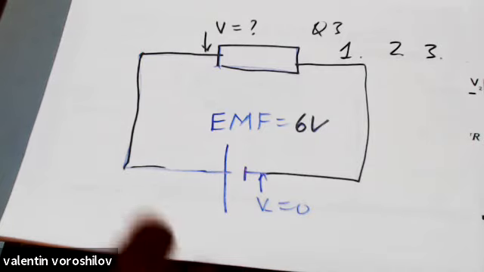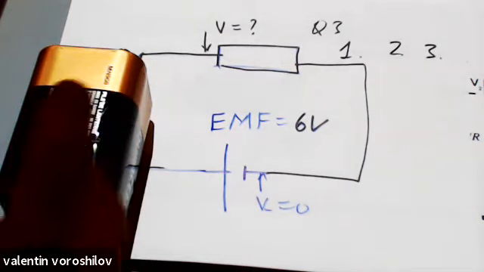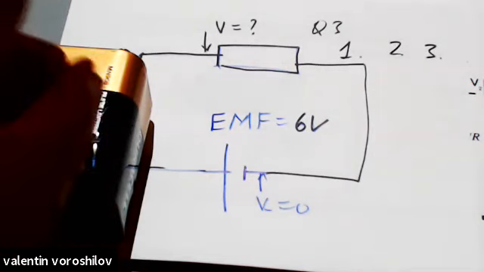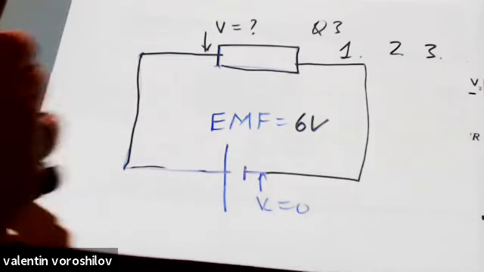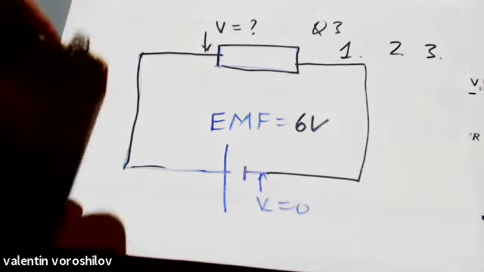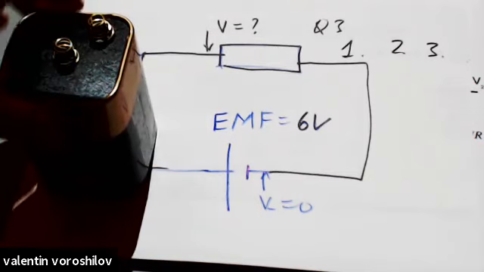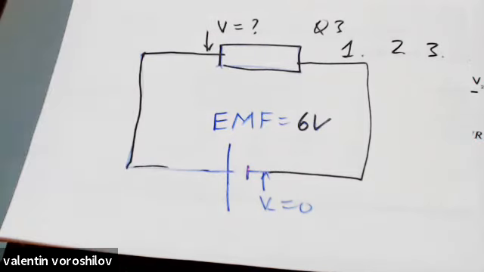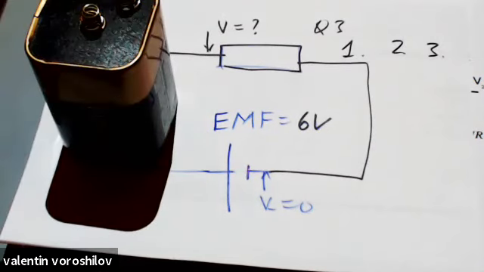So people called that force that has to move charges inside the battery from one electrode to another electromotive force. Now we know there's nothing like that. Now we know that the reason for this potential difference is chemical diffusion. Inside this battery, there are different ions traveling in different directions.